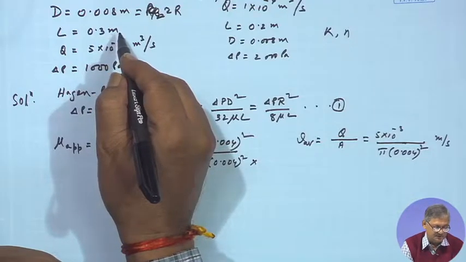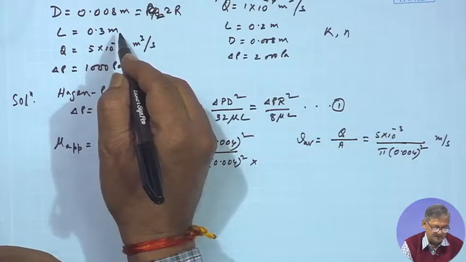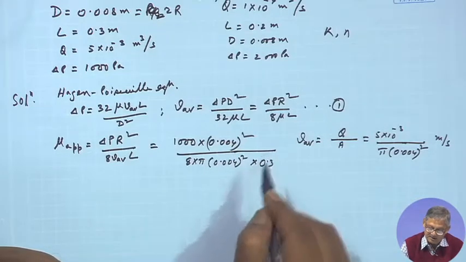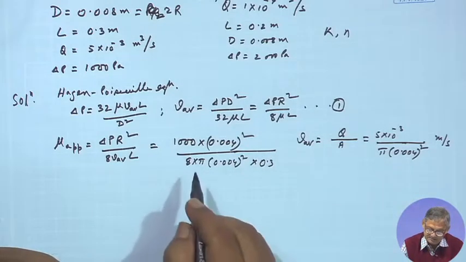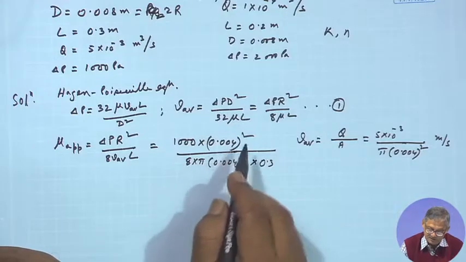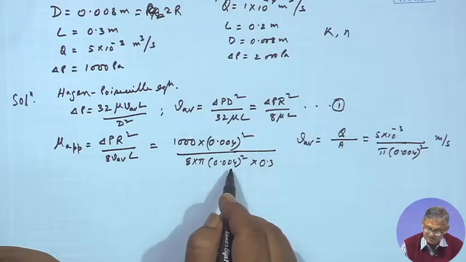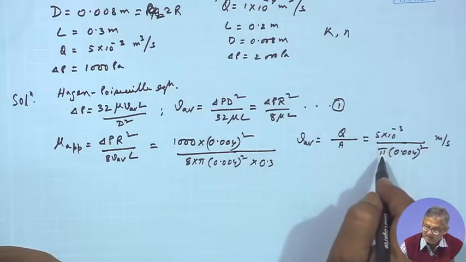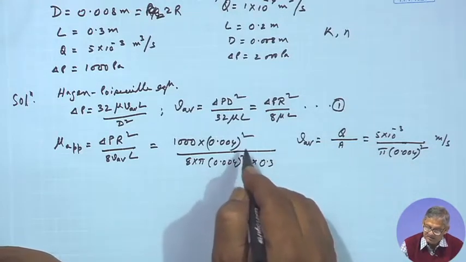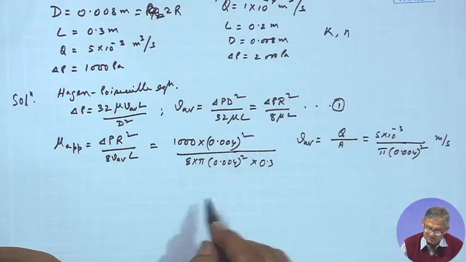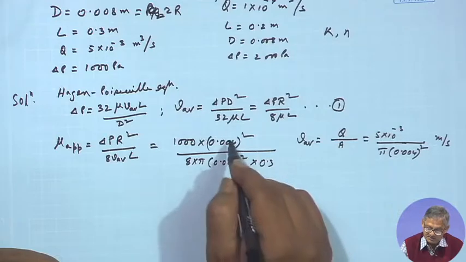So we write this into 0.3. Did we do something wrong?